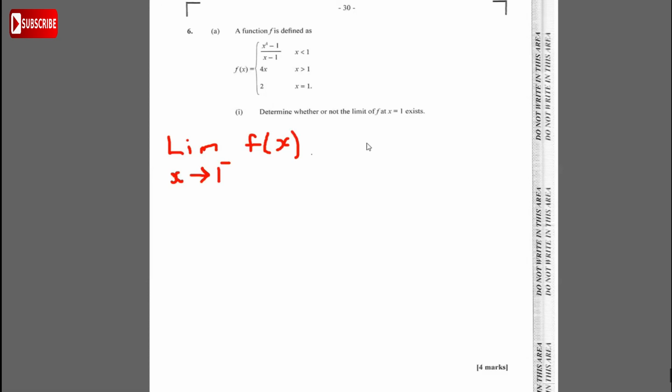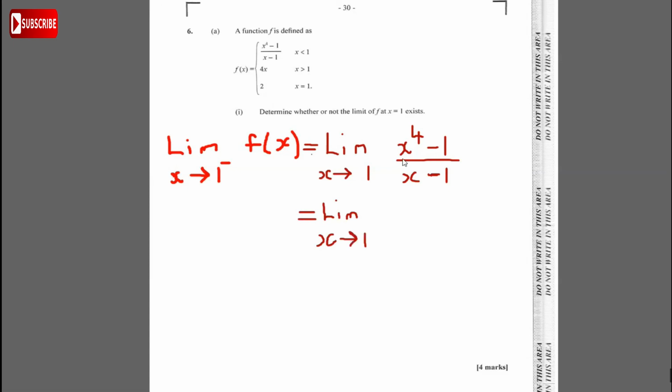So that's going to be equal to the limit as x approaches 1 of x to the 4 minus 1 over x minus 1.